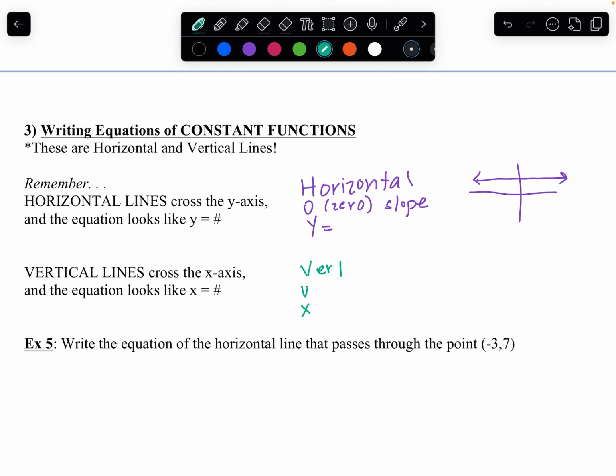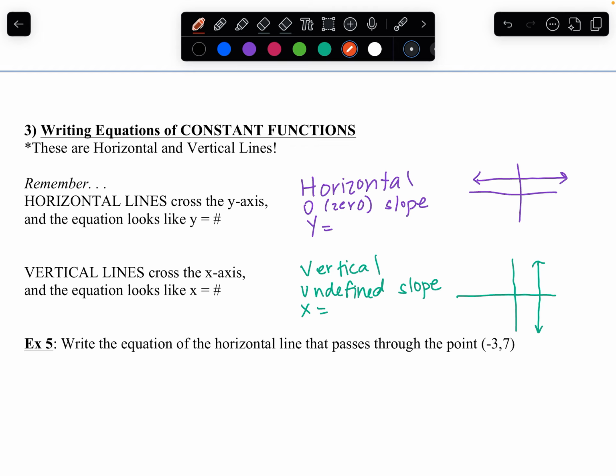It stands for vertical, undefined slope, and x equals. And that's because when we have our graph, it's a perfectly vertical line. We can't find the slope on that. That's why it's undefined.